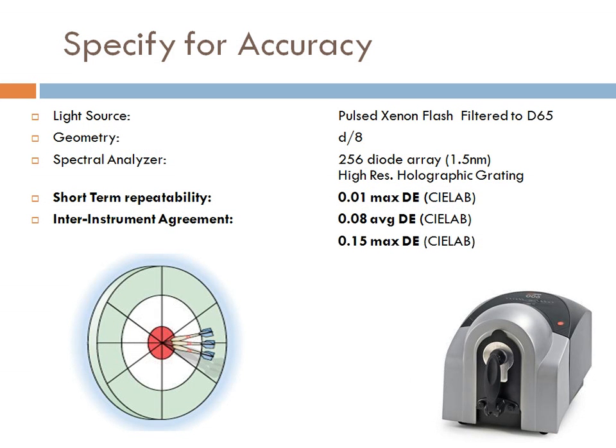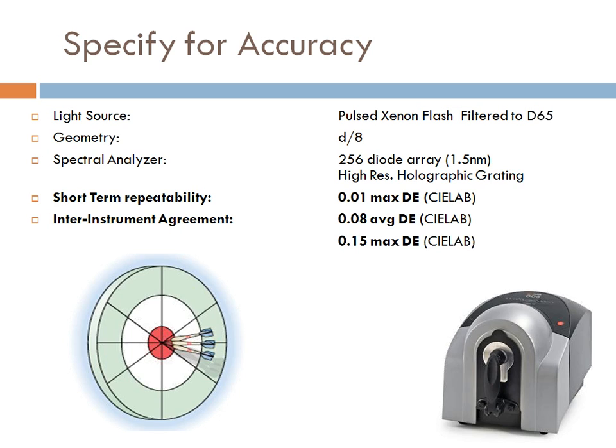Accuracy. The agreement of a single instrument to standard reference instruments is fundamentally a matter of design and specification. When you're reading specs for color measuring instruments, take note of the light source, the geometry, and the monochromator, the spectral analyzer. Ensure they match. Also, note the color metric and the details of the test that generates the specification for repeatability and agreement.